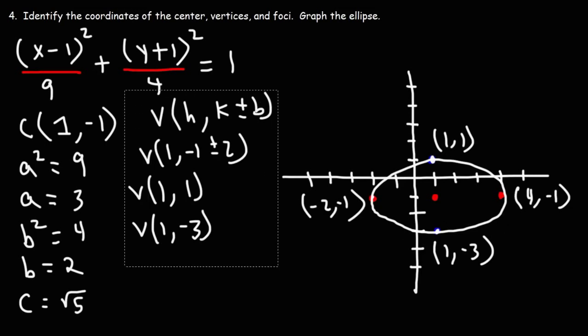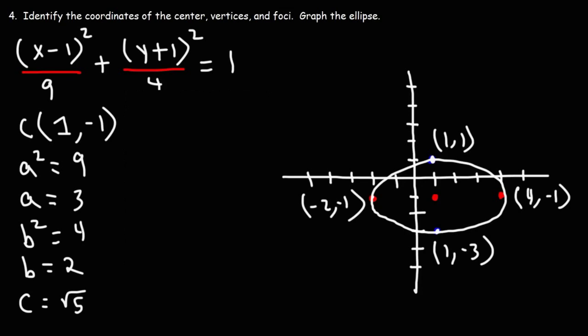I want you to be familiar with this formula because sometimes a or b could be a radical value. And to get the right answer, you need to use that formula, as will be the case of the foci in this example. So the coordinates of the foci for a horizontal ellipse is going to be h plus or minus c comma k.